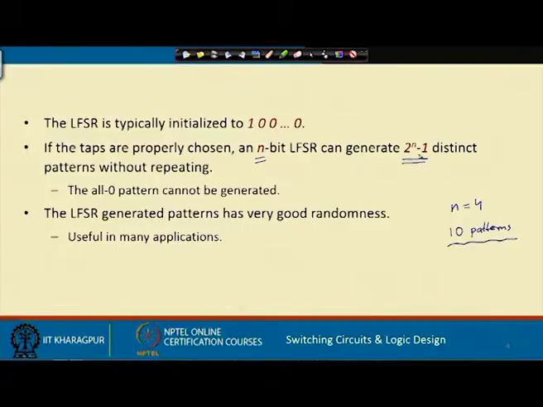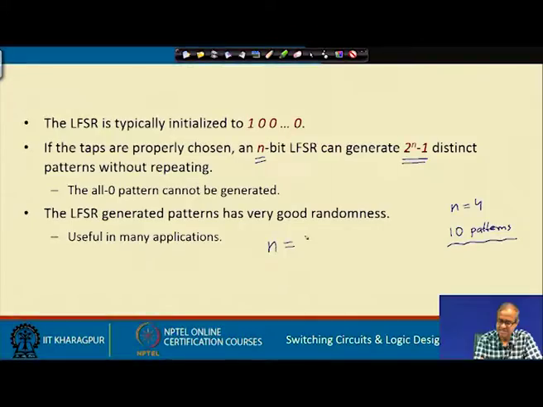So, by suitably choosing the taps, we can generate a very large number of distinct patterns. For example, if I have a 16-bit LFSR, then 2 to the power 16 minus 1 is 65535. So many distinct random patterns can be generated. There are many applications where such random patterns are used.